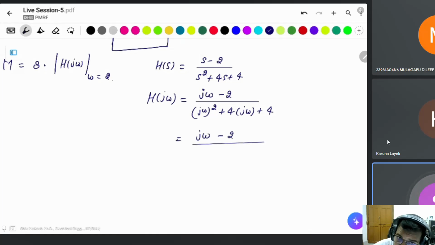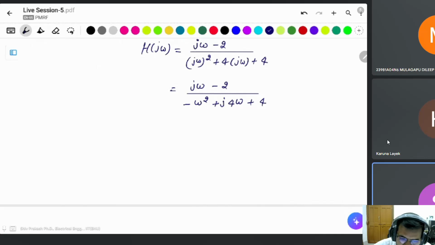With j omega squared, j square means minus omega square, so the denominator is 4 minus omega square plus j 4 omega. Further, find the magnitude of this one.